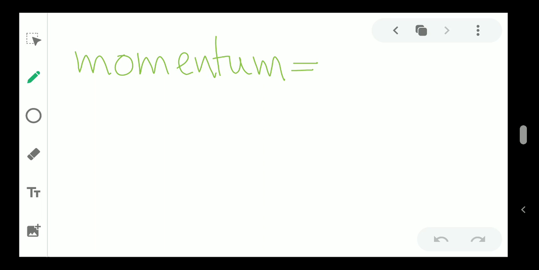So ultimately we can see that some quantity which is a combination of your inertia and your velocity is actually needed so that we can change the state of the matter. And here something comes which is called momentum. This term is nothing but the combination of your inertia and your velocity.